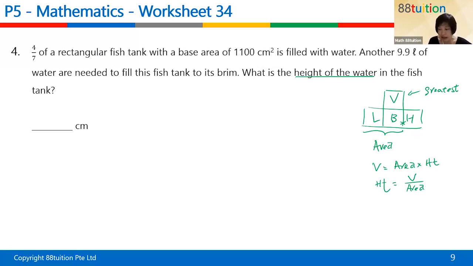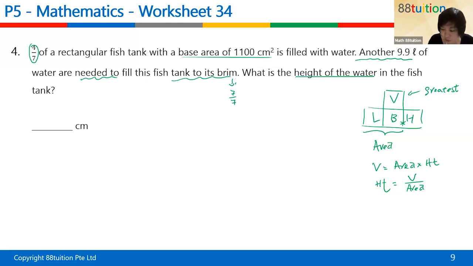Okay, so now with this formula, we must go back to the question. All right, study the question. Now the base area is 1,100 centimeters square. And it is filled up with 4/7 of the water. But another 9.9 liters are needed to fill up to the brim. So to the brim itself is 7/7, right?